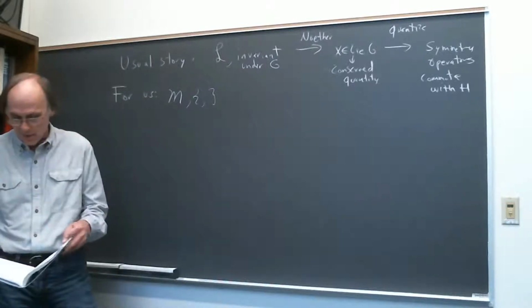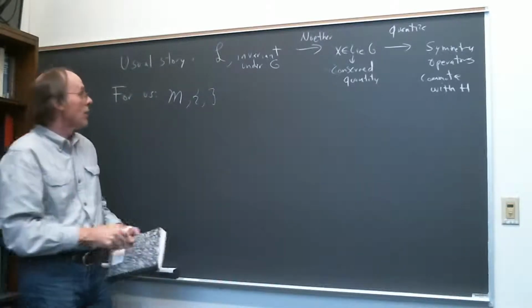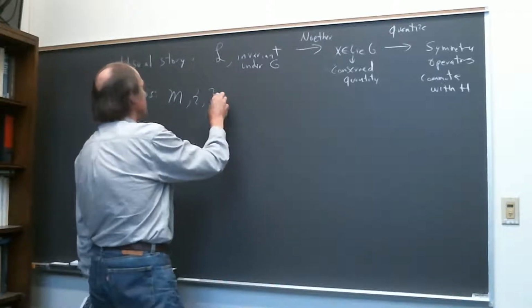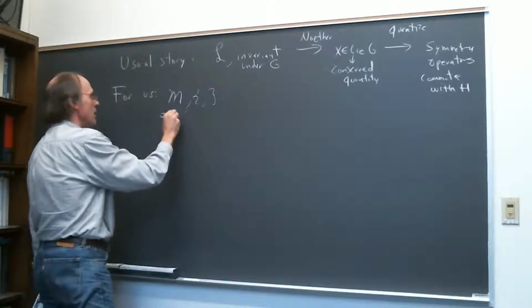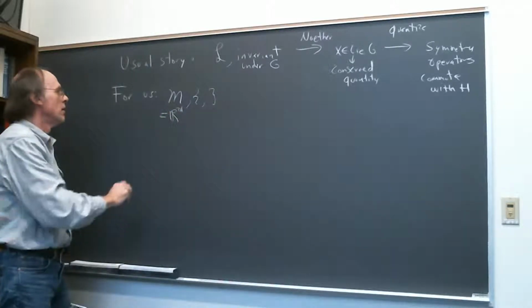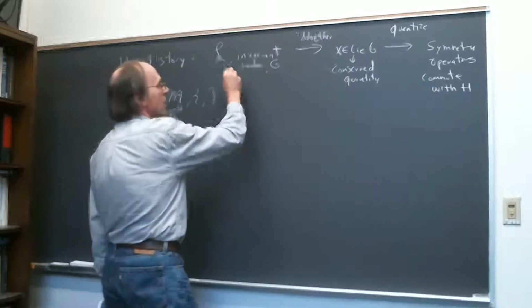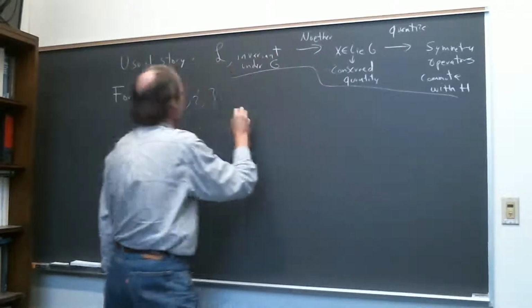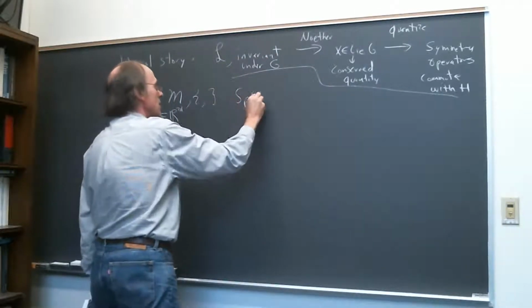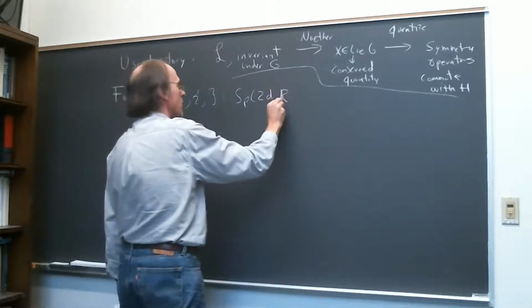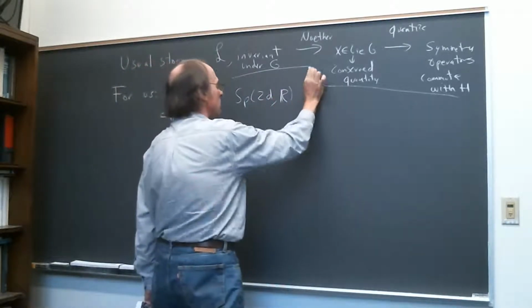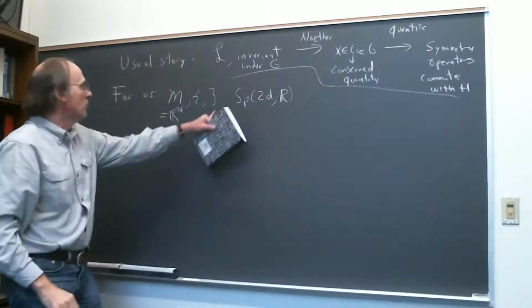So this is R^2D, and then you have a Sp(2D,R) symmetry.